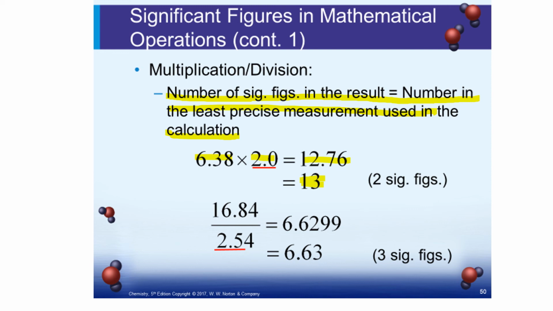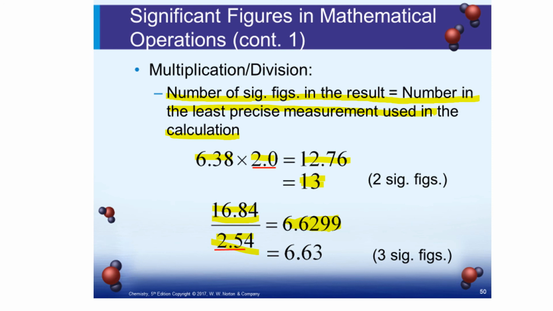Works same way with division. 16.84 divided by 2.54. Well, the 16.84, that's 4 significant figures. The 2.54, 3 significant figures. When you just throw that into your calculator, you get 6.6299. That's the mathematical answer, but that doesn't have a physical reality.